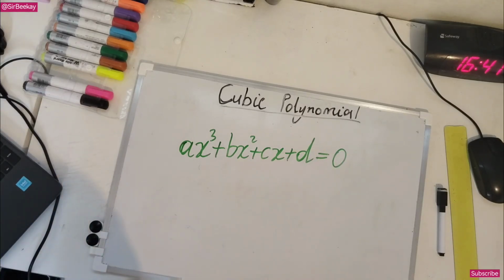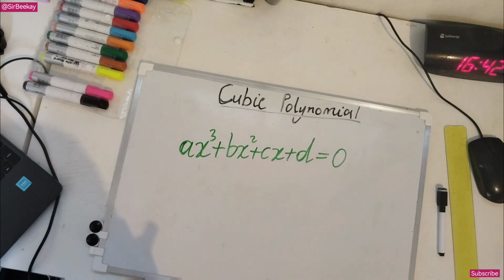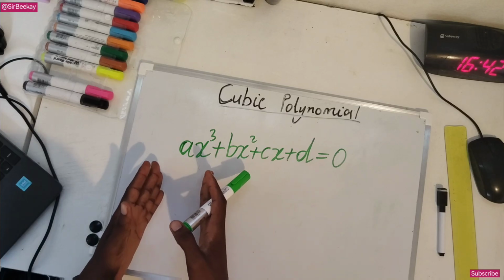This is the standard form of a cubic polynomial. So how do we draw a graph that is a cubic?